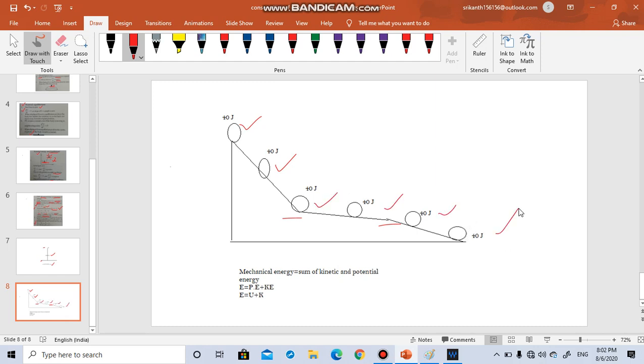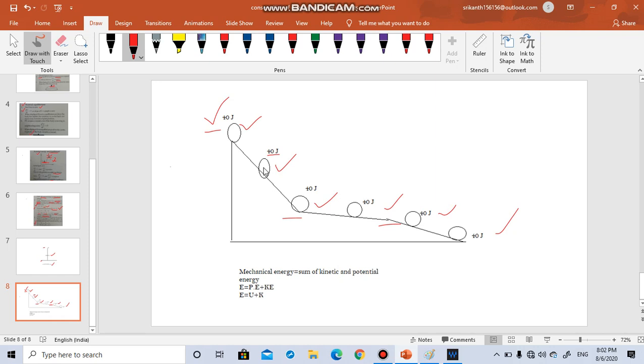Now as per the statement, if you are considering everything perfectly smooth, at the top point let us say the energy was 40 joules, then at each point the total energy is 40 joules. However, the kinetic energy and potential energy at each point you have to add.